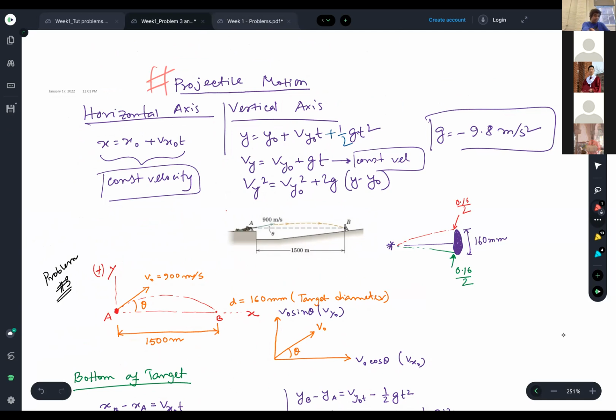Whenever you have a projectile that is going at an angle theta from the horizontal, you should always try to divide it into two components: the horizontal component as the x component and the vertical component as the y component, right? And you know the equations for projectile motion.